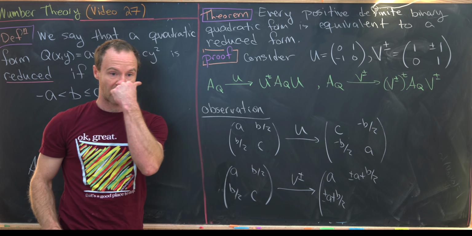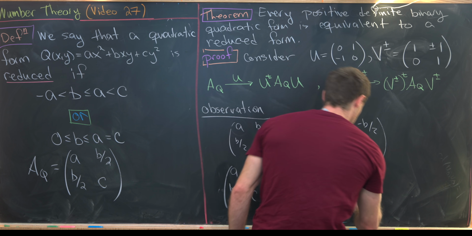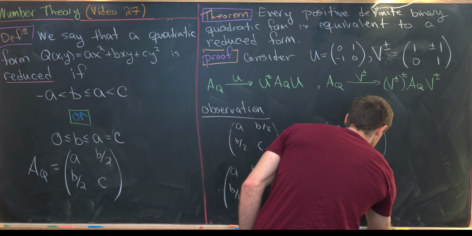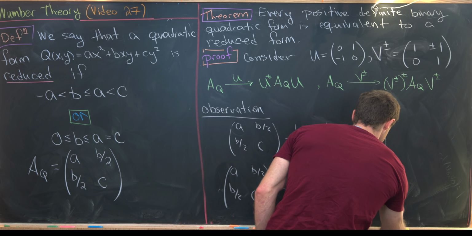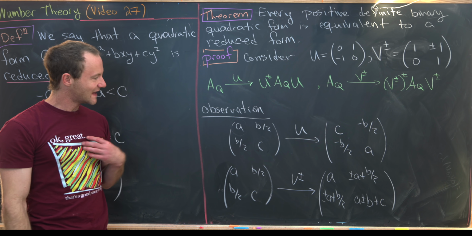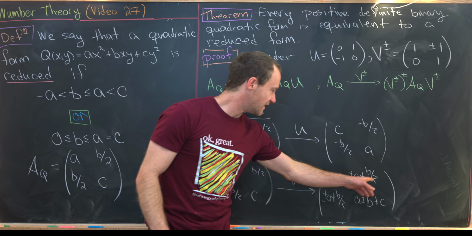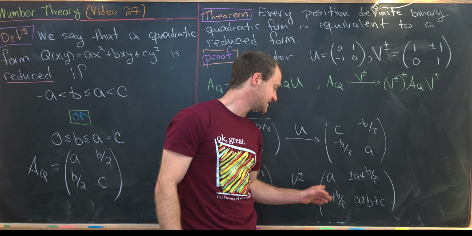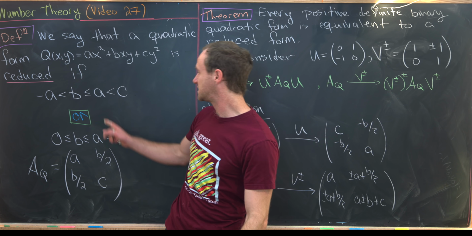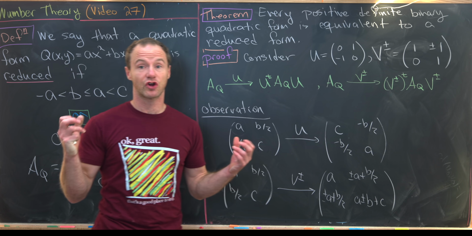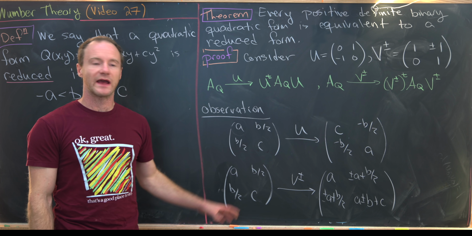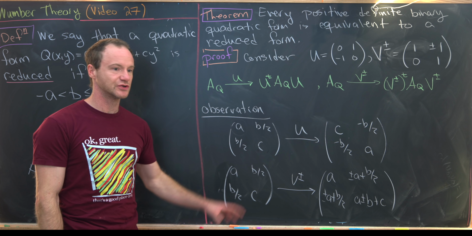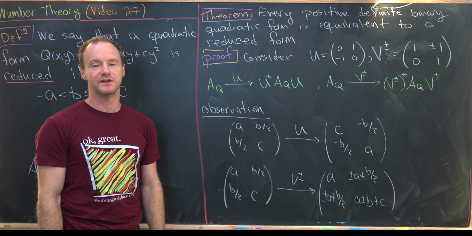So that's going to be the off diagonal terms. And then A plus minus B plus C. And that's actually quite helpful, because that will allow us to move these things on the off diagonal until B is in the correct range. Okay, now that we've made those observations, we're ready to dive into the meat of this proof.